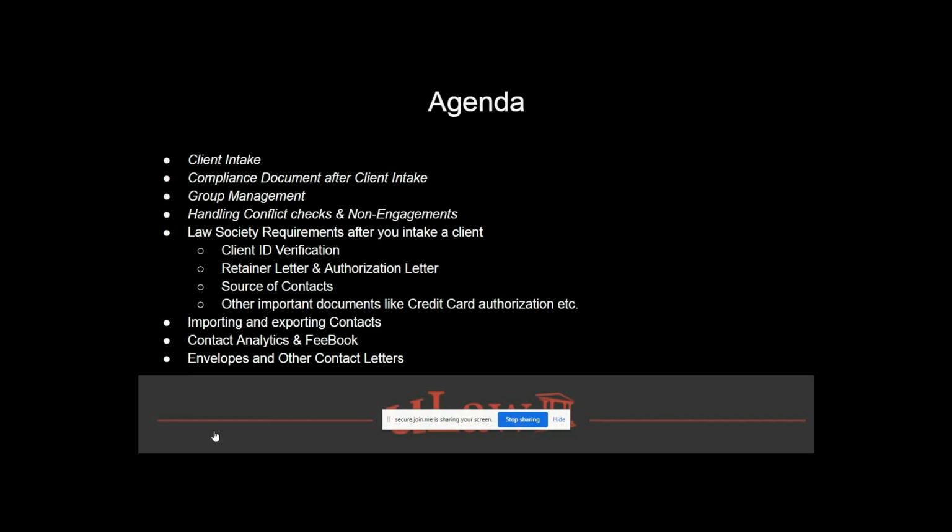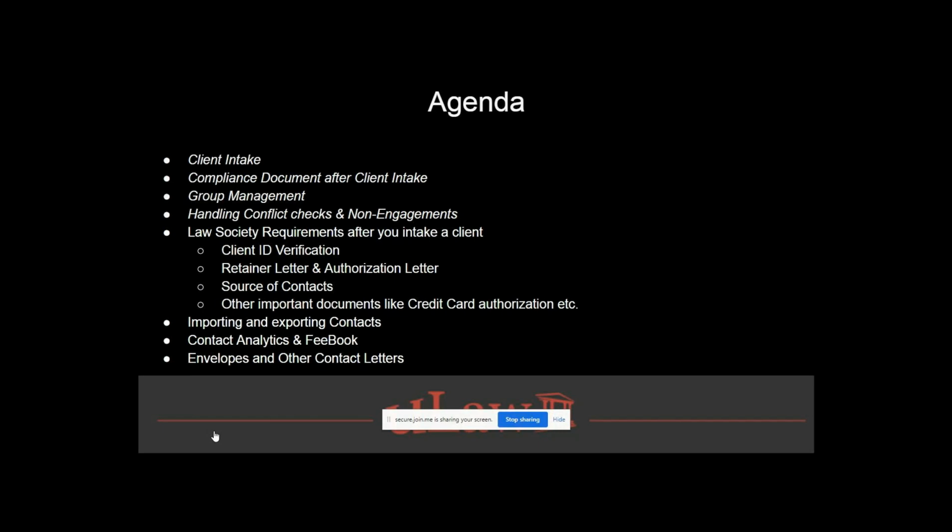Of course, looking at the law society's requirements after you've done that client intake, simple things like client ID verification, ensuring that you have a very thorough retainer letter or authorization letter depending on the nature of the legal matter.